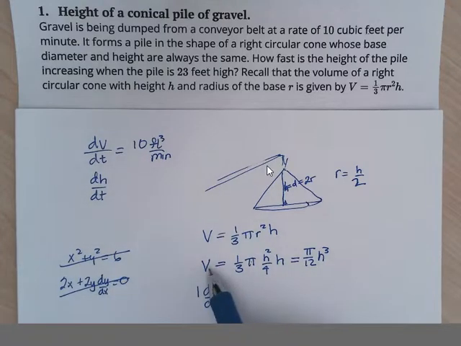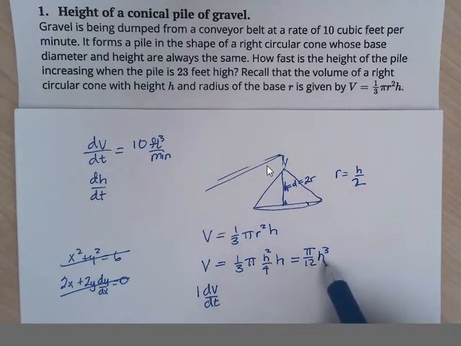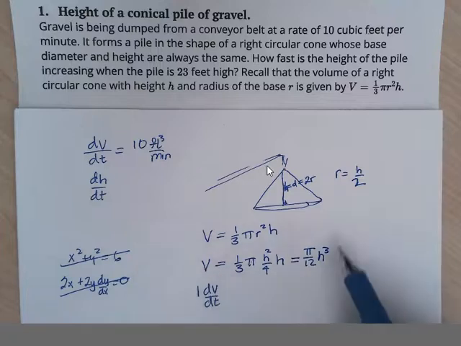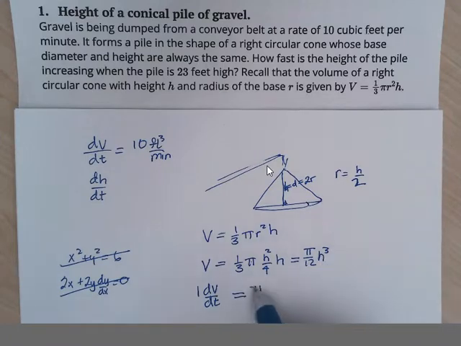It's the same kind of idea here. When we're taking the derivative with respect to time, we have to add on, since V is not t, and h is not t, we have to put that in. So we get pi over 12, the constant, times 3h squared.